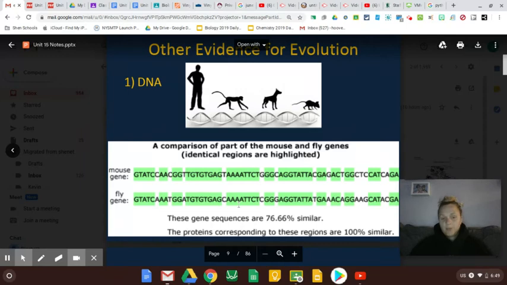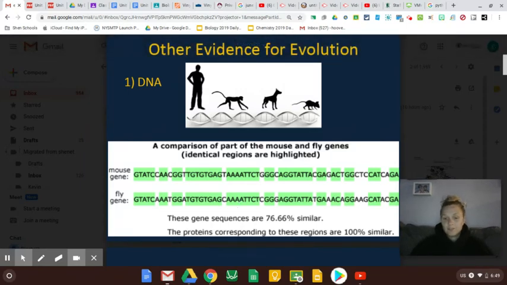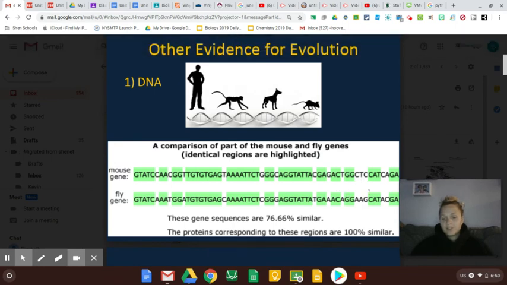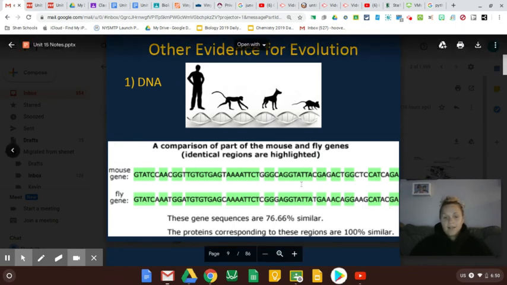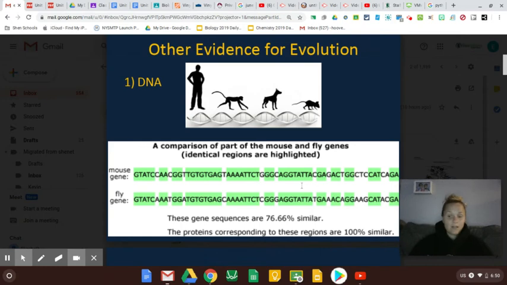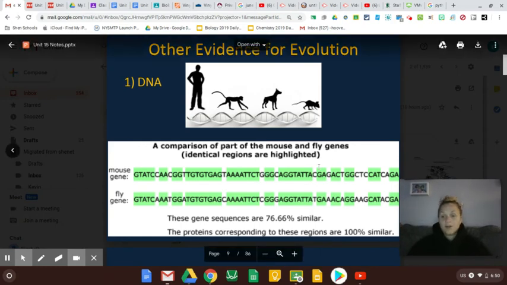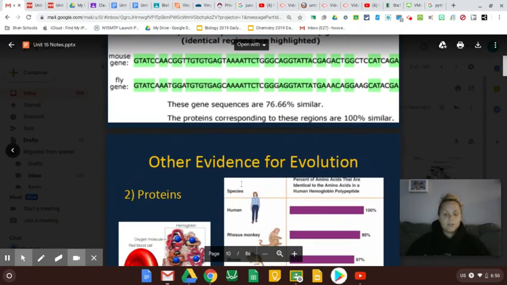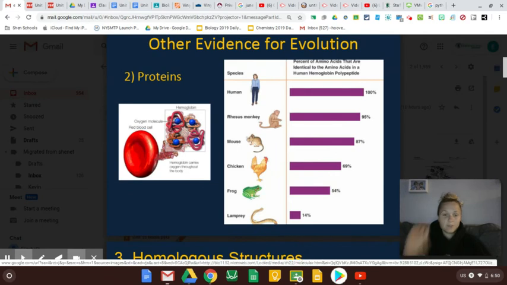Okay, and a mouse and a fly are very, very different organisms, but they have a lot of similarities in their DNA, and that kind of indicates, oh, maybe we did all come from a common ancestor because we do have a lot of the same DNA. Maybe we did all evolve from one first simple unicellular organism.